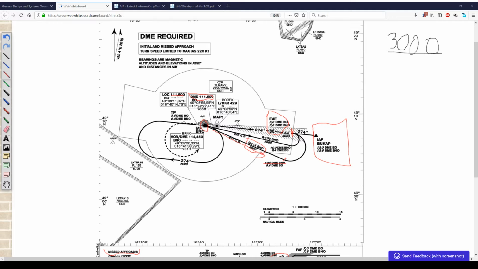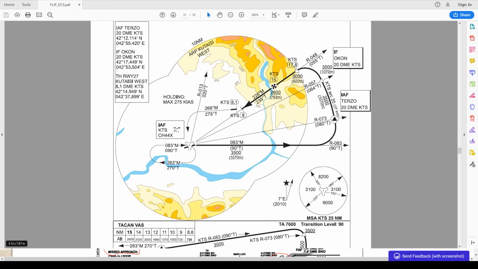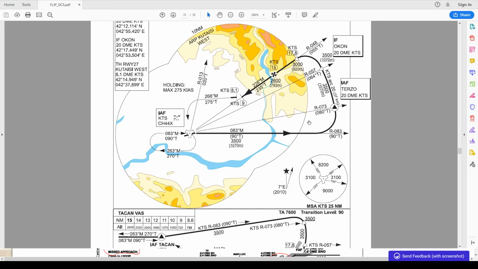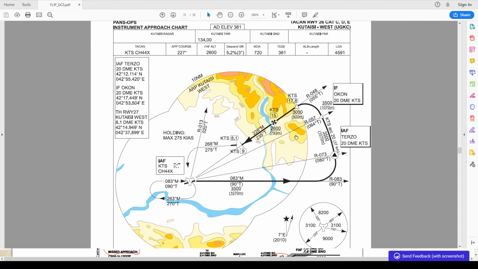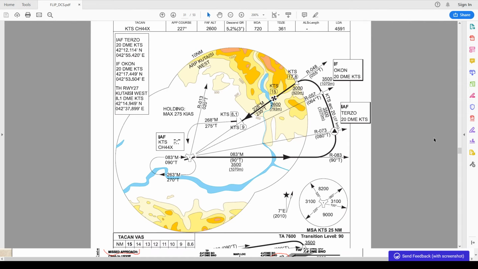They are not very good, and they don't have much information. In our group, we don't use this kind of map or flip charts for the Caucasus and Kutaisi.